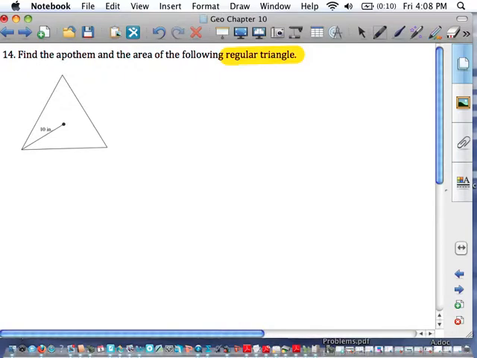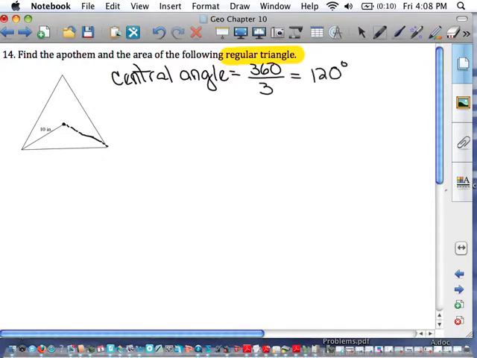So in order to think about this, we're going to have to draw in another radii and get that central angle measure. So the central angle is equal to 360 divided by the number of sides, which is 3, so that's 120 degrees.